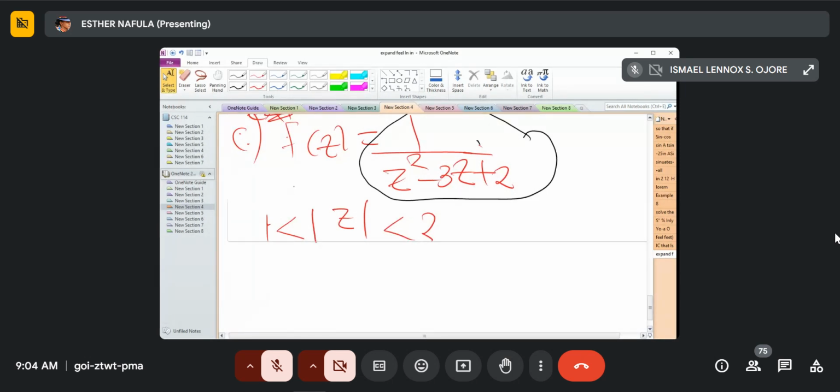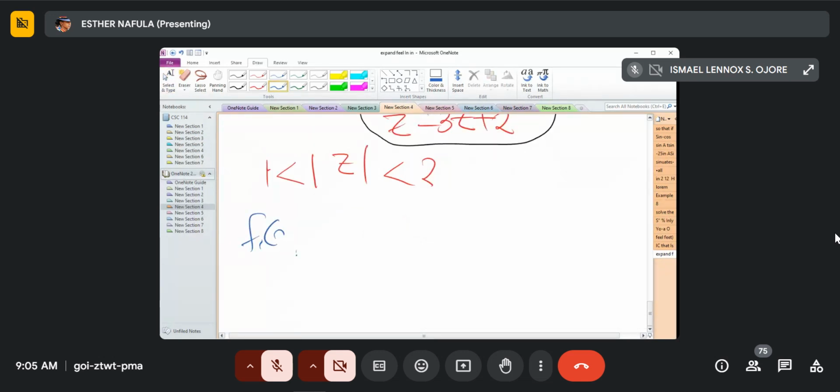So let's start by decomposing our function into partial fractions. Here we have to start by factorizing the denominator. Product is 2, sum is -3, so -1 minus 2. So our f of z, which is 1 over z squared minus 3z plus 2, is equal to 1 over z minus 1, z minus 2, right?